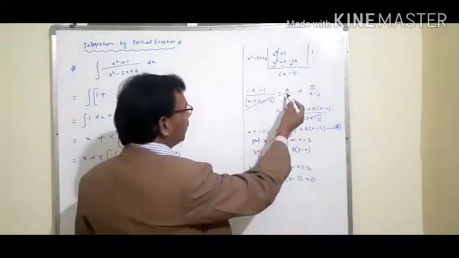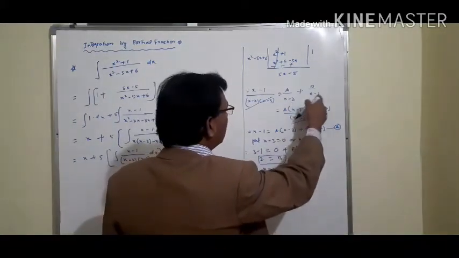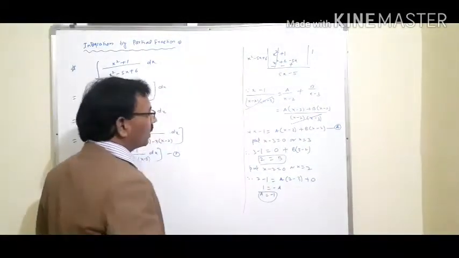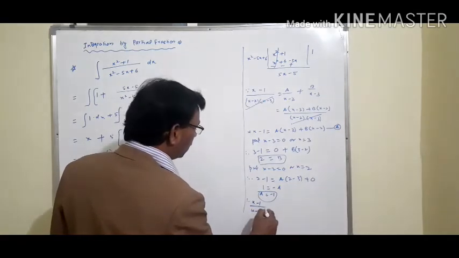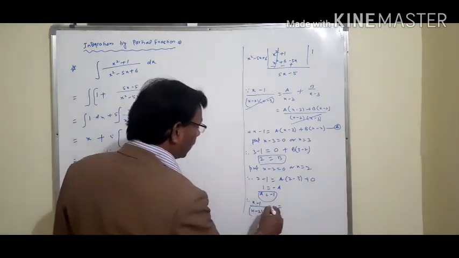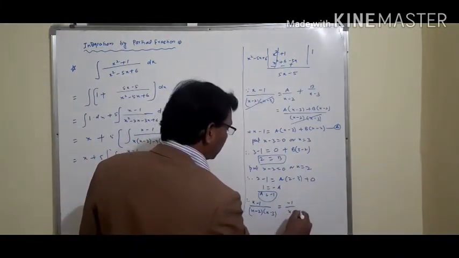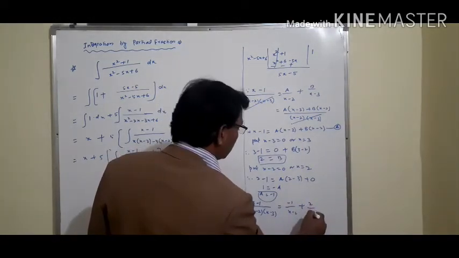Now we put minus 1 in place of A and 2 in place of B. Therefore (x minus 1) upon (x minus 2)(x minus 3) equals minus 1 upon (x minus 2) plus 2 upon (x minus 3).